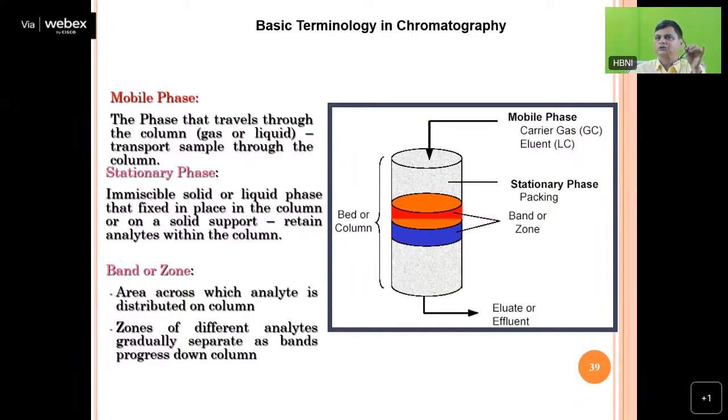And then band and zone: the area over which the analyte is distributed on the column, and the zone of a different analyte gradually separates as a band progressively down the column. So these are the three important terms. Whatever kind of chromatography there is, we talk about the mobile phase, stationary phase, and band or zone. Of course, their names change as per the technique.